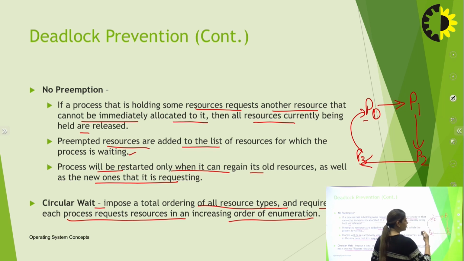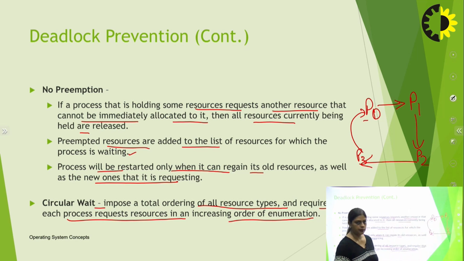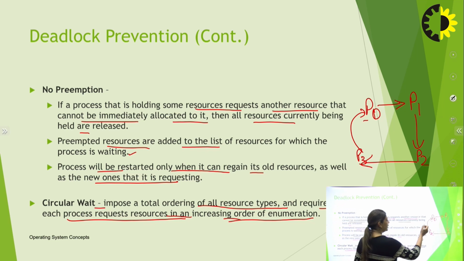Now to make this condition false, what we will do is assign one number to every process. Now, if each process requests in the increasing order of the enumeration, P1 can acquire the resource only when the number is higher, which means P0 will get the resource first, then P1, P2 and P3.